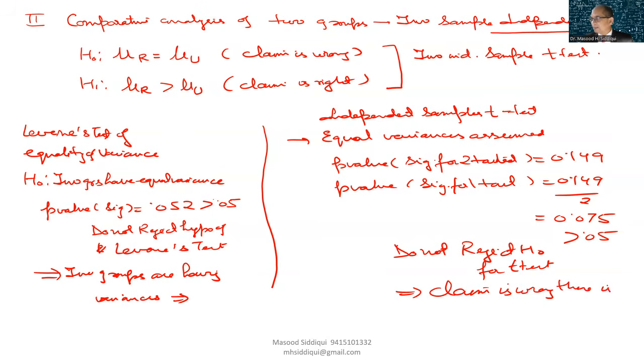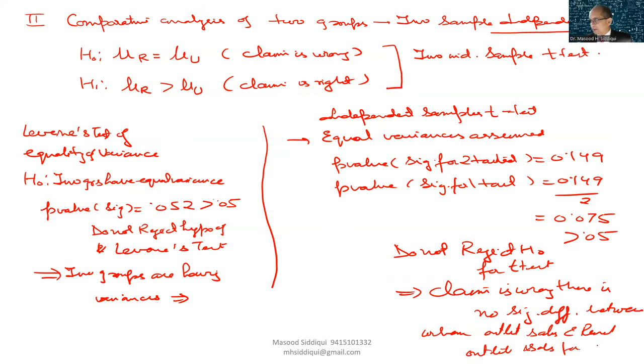There is no significant difference between urban outlet cells and rural outlet cells for quarter 3. Remember, this test is being applied on Q3 only, right? Maybe if we try for another quarter, there may be some difference.